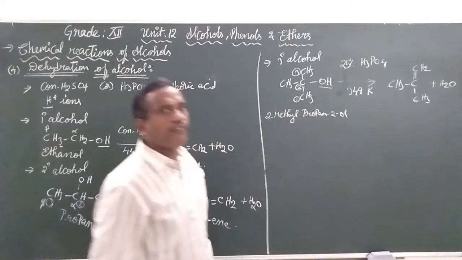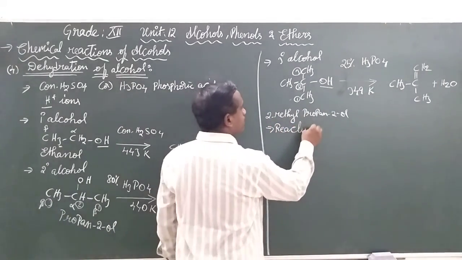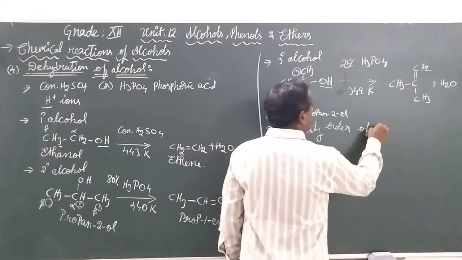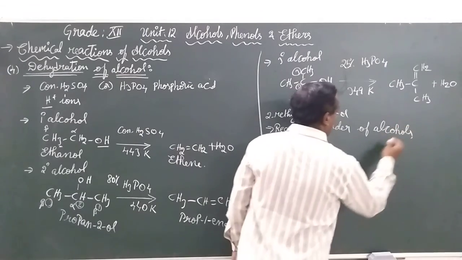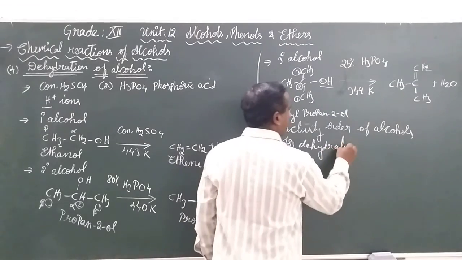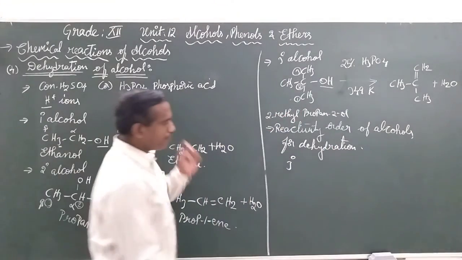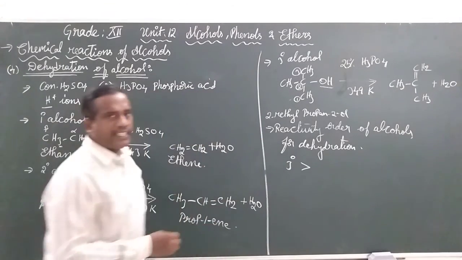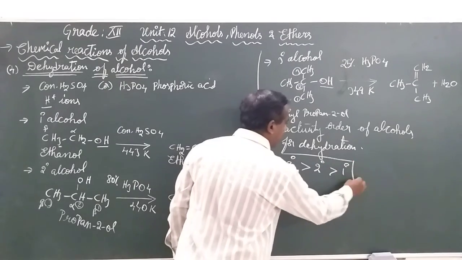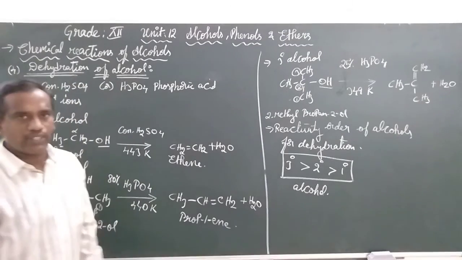By this, what we are going to conclude is the reactivity order of alcohols for dehydration is given as: tertiary is more reactive than secondary, which is more reactive than primary alcohol, for the dehydration reaction.